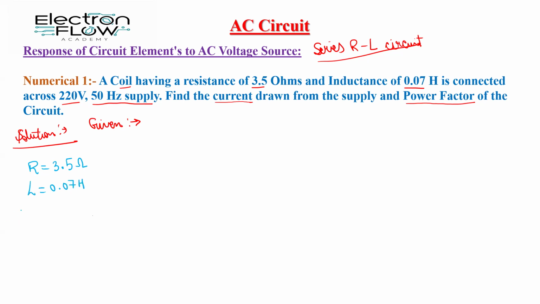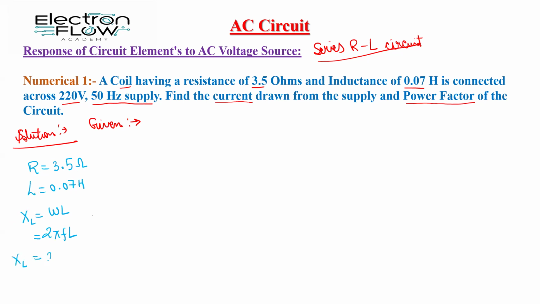We know that XL is nothing but omega L, where omega is equal to 2 pi f, so XL equals 2 pi f L. Here we have to calculate the value of XL.